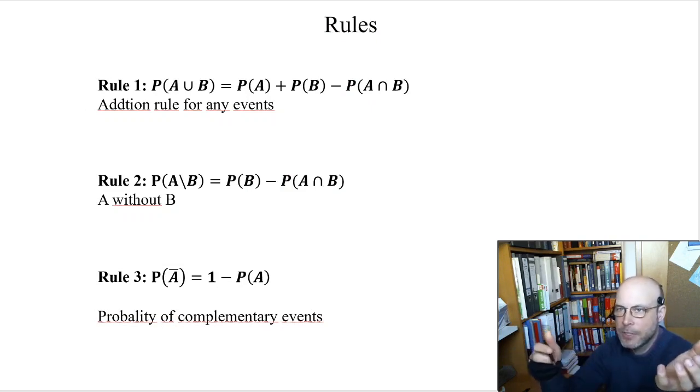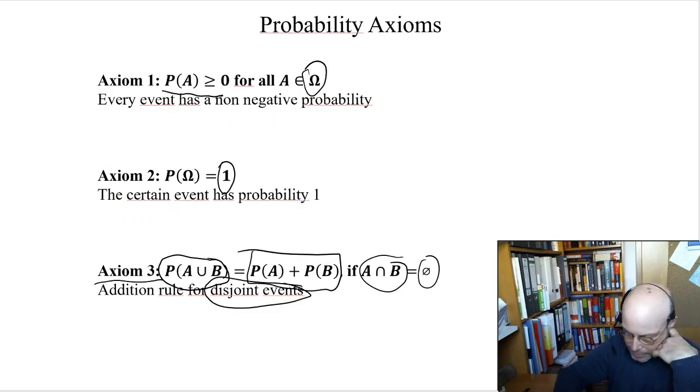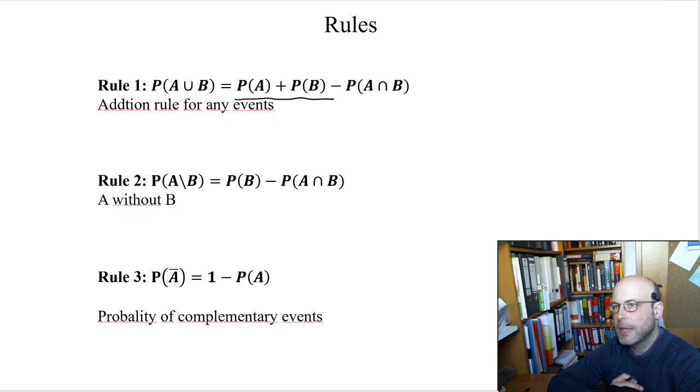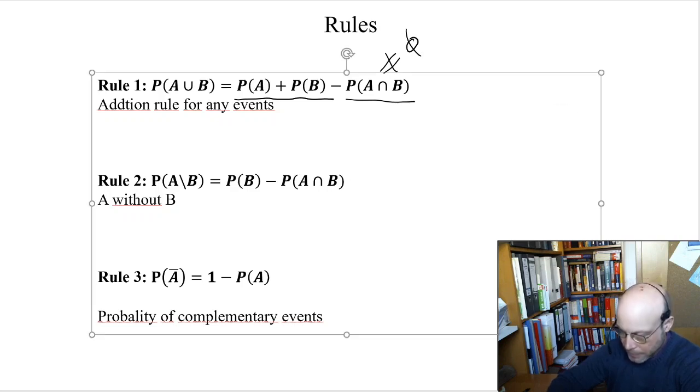At first, of course, these two events A and B in general do not have to be disjoint events, and this means that we take the sum of both probabilities of events A and B, and we have to subtract the probability that both events happen simultaneously.